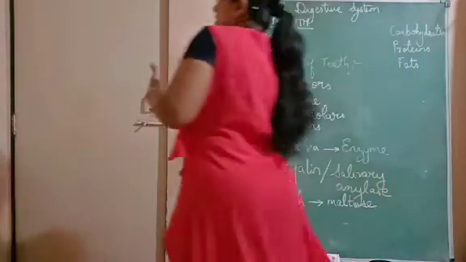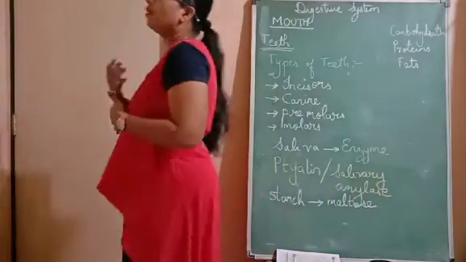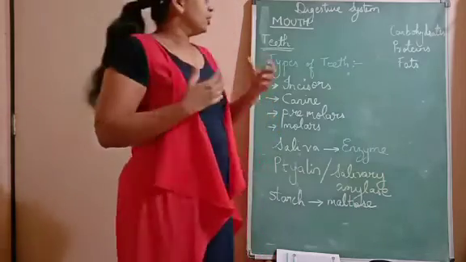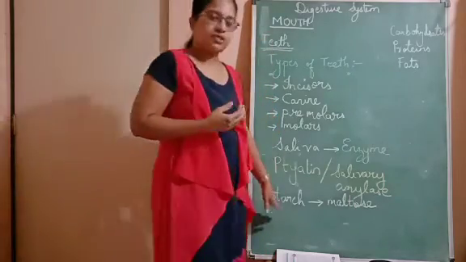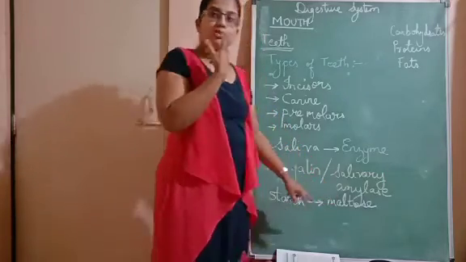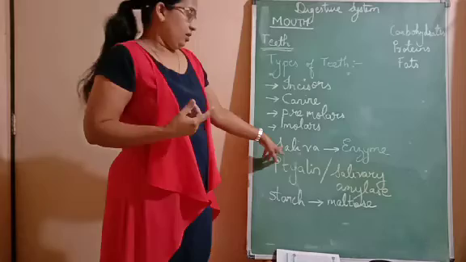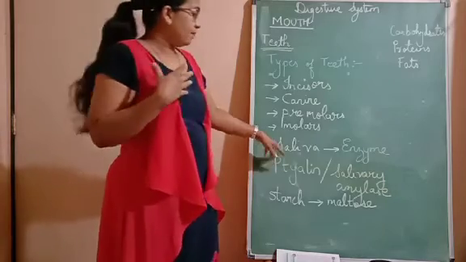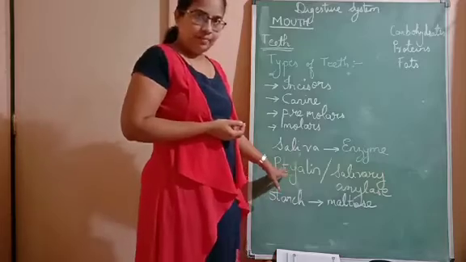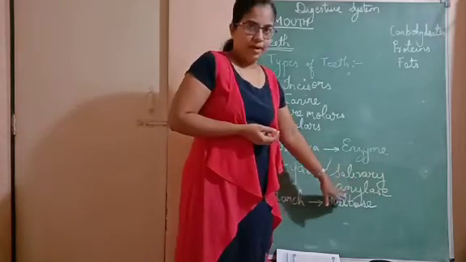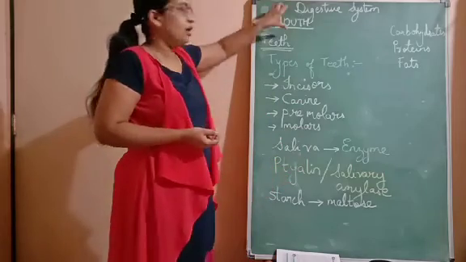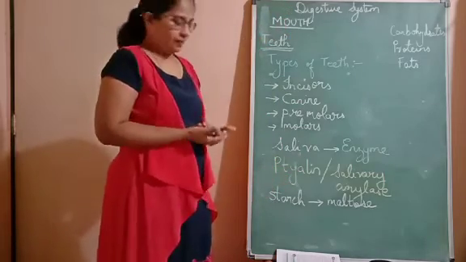So the process of digestion or breaking down of carbohydrates begins in our mouth. The carbohydrate in the form of starch is broken down into maltose because of the saliva in our mouth, and the saliva contains the enzyme ptyalin or the salivary amylase. So this finishes the portion which is the mouth.